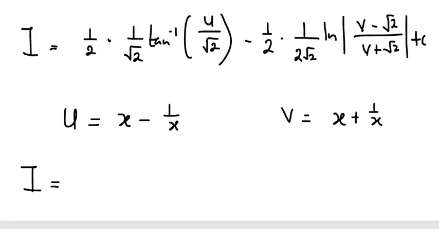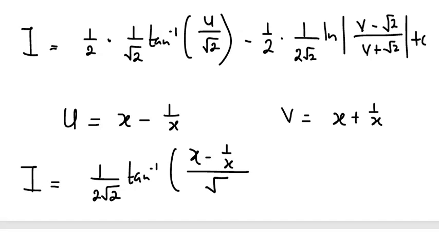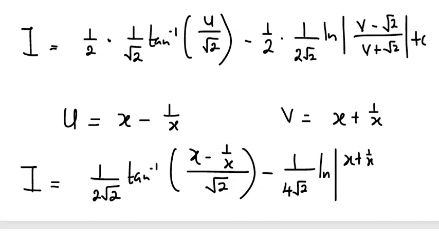Substituting, we get I is equal to 1 over 2 root of 2 multiplied by the inverse tangent of u, which is x minus 1 over x, divided by the square root of 2, and then minus 1 over 4 root of 2 times the natural log of x plus 1 over x minus root of 2 divided by x plus 1 over x plus root of 2, and then plus c.